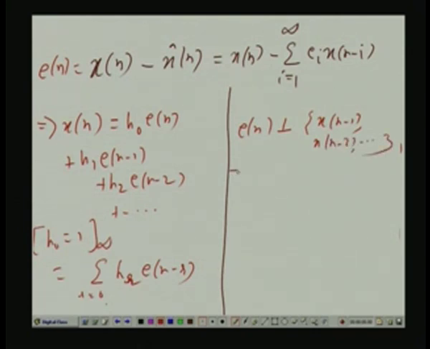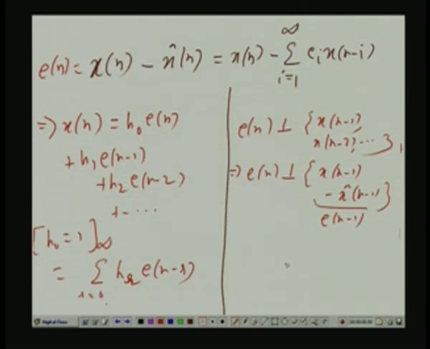That means, I can also write E n is orthogonal to what? X n minus 1 minus its prediction, because prediction comes from further past, n minus 2, n minus 3, their linear combination. So, all the terms in this bracket involve x n minus 1, x n minus 2, x n minus 3, like that. So, E n is orthogonal to each of them. So, E n is orthogonal to this error and this error is E n minus 1. And you can recursively apply this.